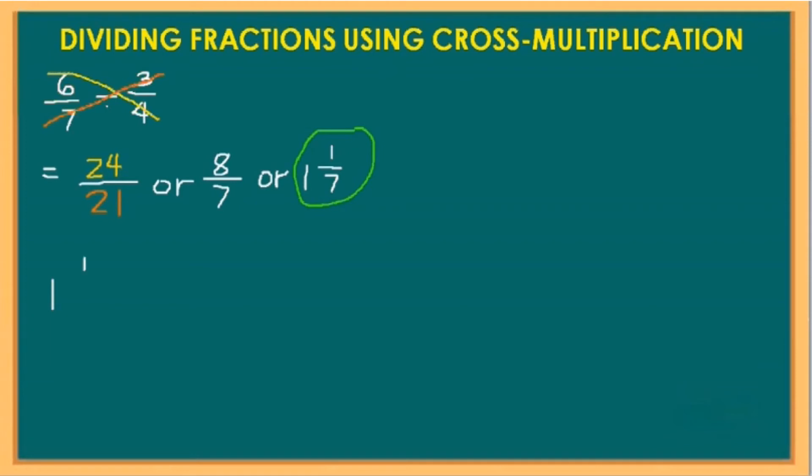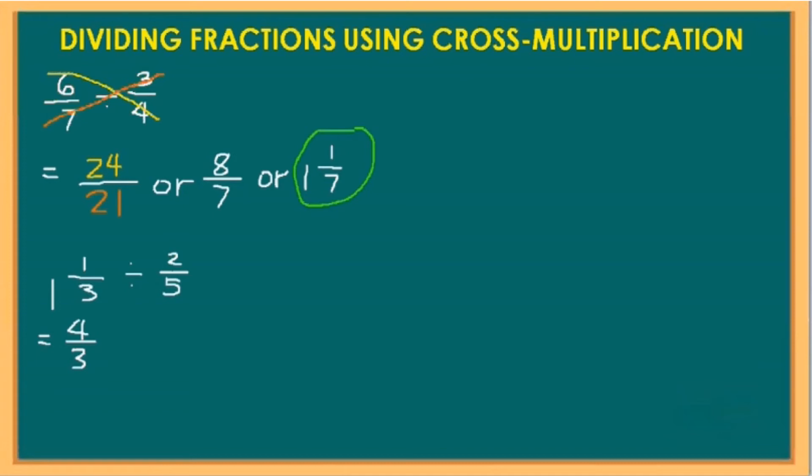Another example. We have 1 and 1/3 divided by 2/5. So 1 and 1/3 becomes 4/3. How? We multiply 3 to the whole number 1. 3 times 1 is 3. Then add the numerator 1, which is 4.